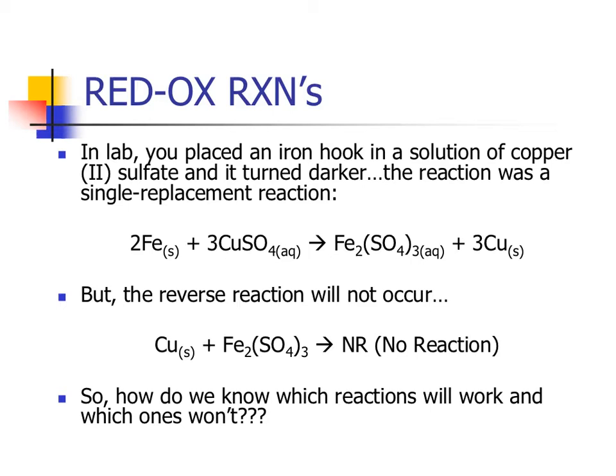In the lab, and you've actually done this before, earlier, I think in unit 1, when we were identifying whether or not chemical reactions occurred, you placed steel wool, not an iron hook, in a solution of copper(II) sulfate, usually a bluish color, and it turns darker, and then eventually it starts to look as if the copper is coming out of the solution.